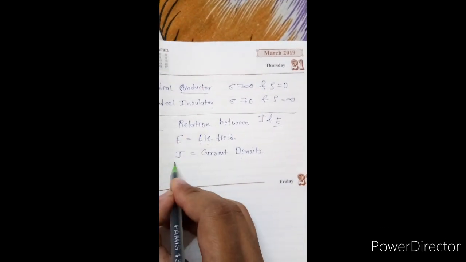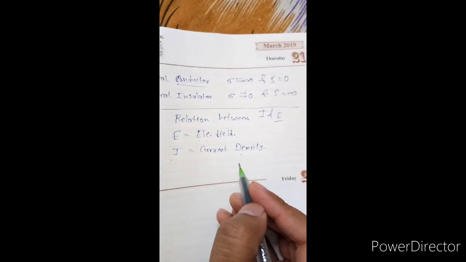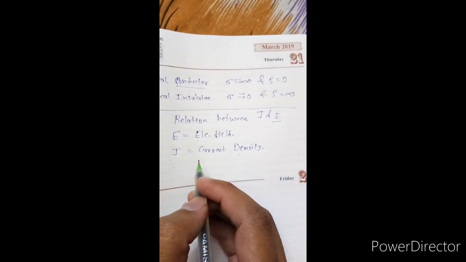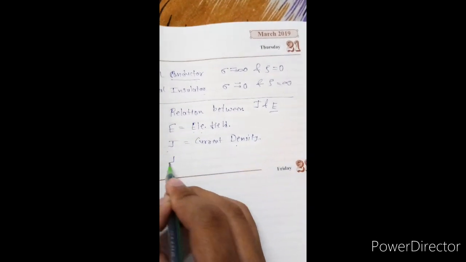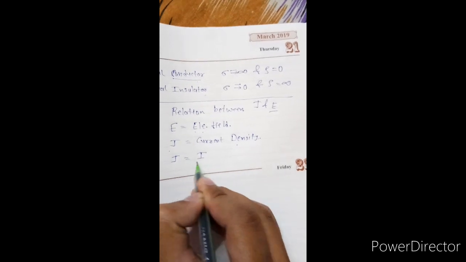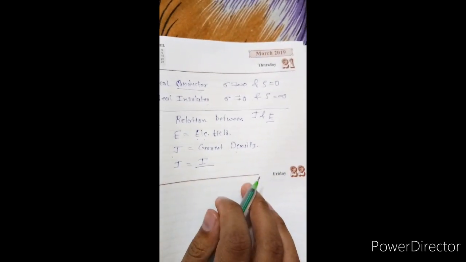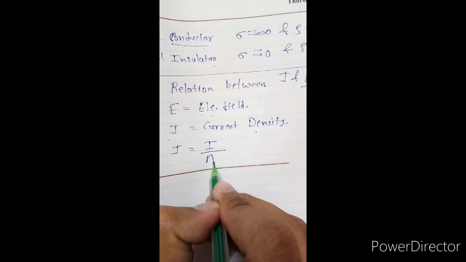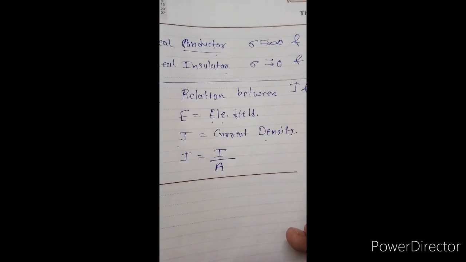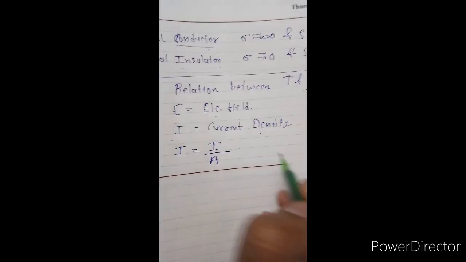Here we have to take current. So in this formula, current upon something is known as a current density. Here it is current upon the area, then you will find J, and J is known as the current density.